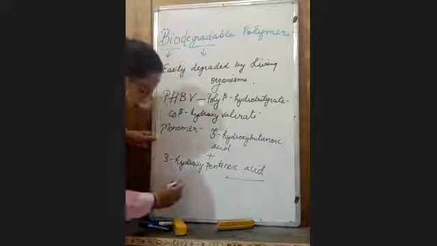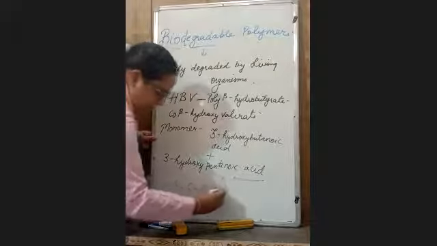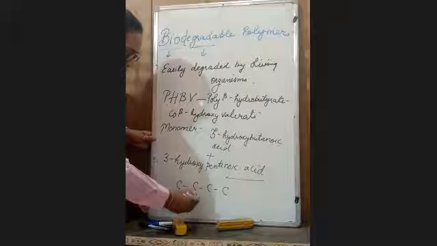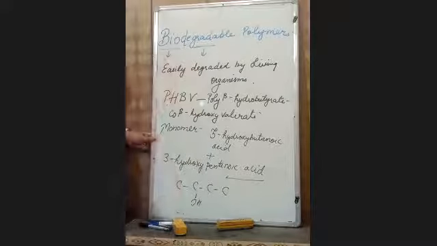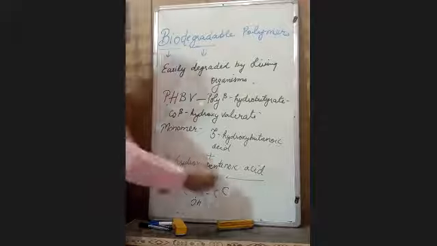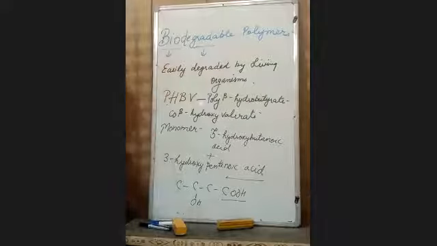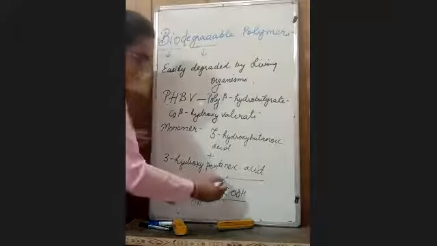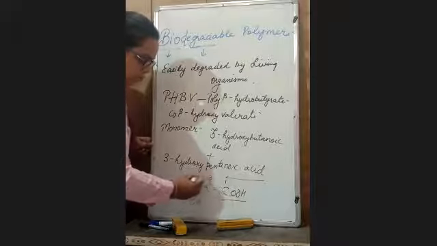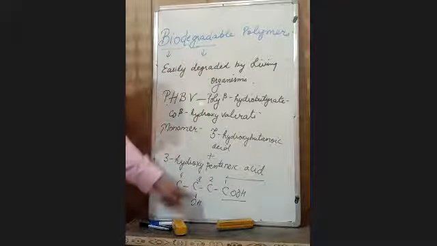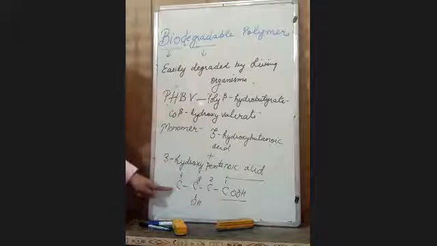Draw the structure with me. Butane means 4 carbon, and at third position it is OH, 3-hydroxy butanoic acid, because it is carboxylic acid. So numbering will start from here. 1, 2, 3, 4. One is 3-hydroxy butanoic acid.